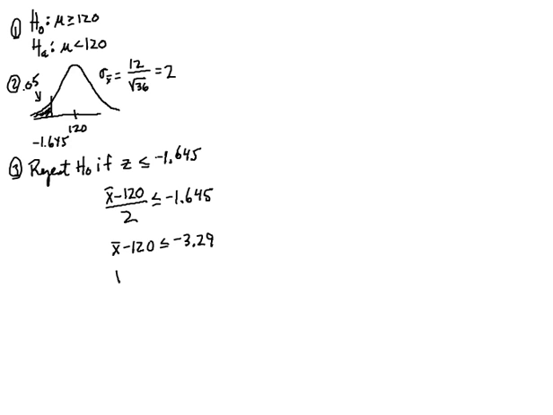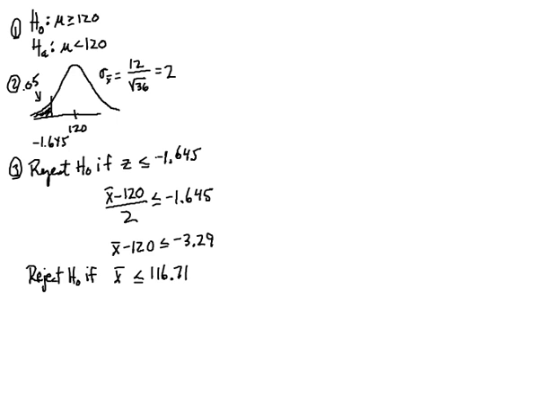And then adding the 120 to both sides, I'd have x bar is less than or equal to 116.71. So my new rejection rule is to reject H sub 0 if x bar is less than or equal to 116.71.